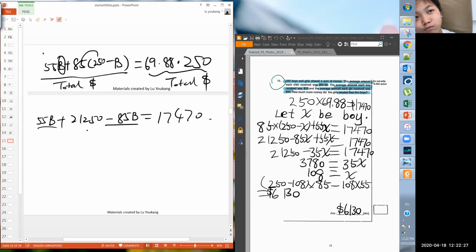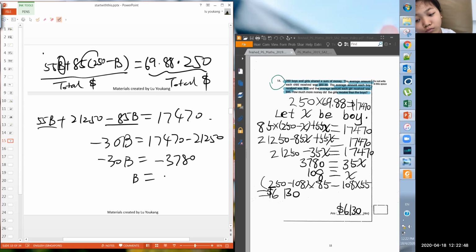So 55 minus 85 is minus 30B. Bring it over: 17470 minus 21250. So minus 30B equals minus 3780. So your B is divided by minus 30. So your B is 126.